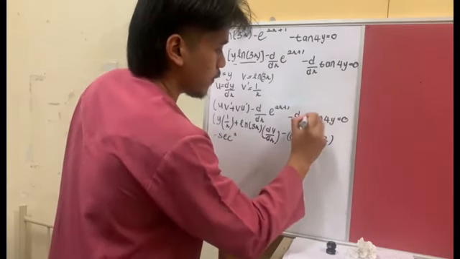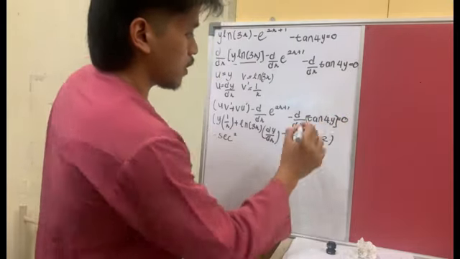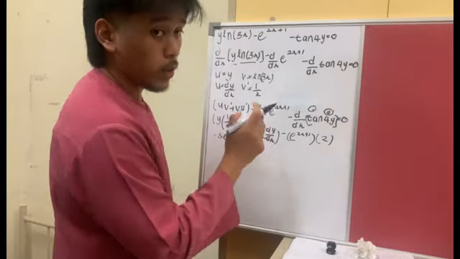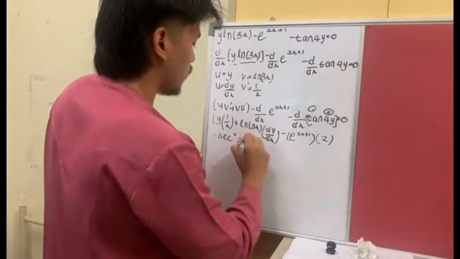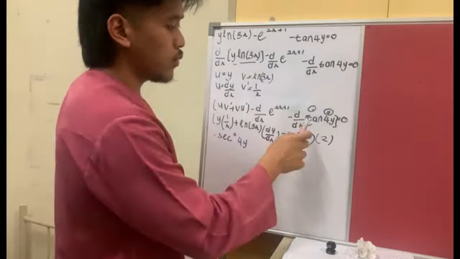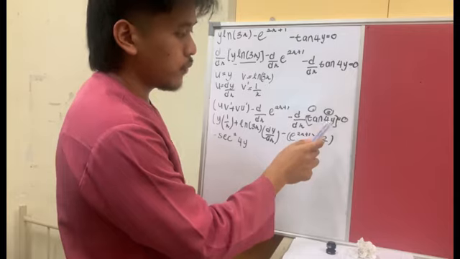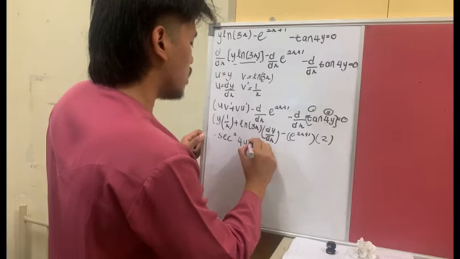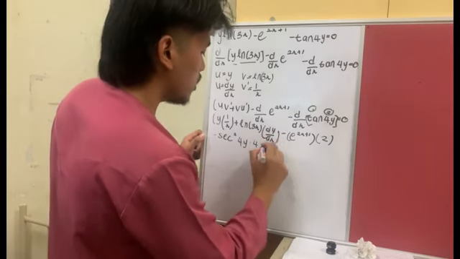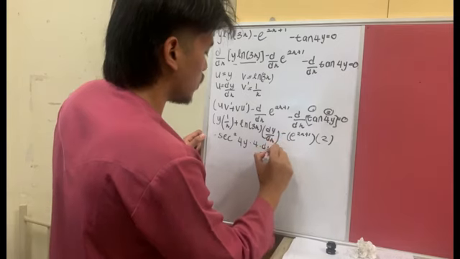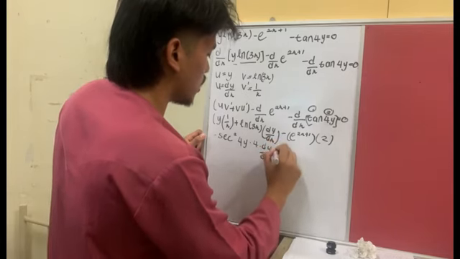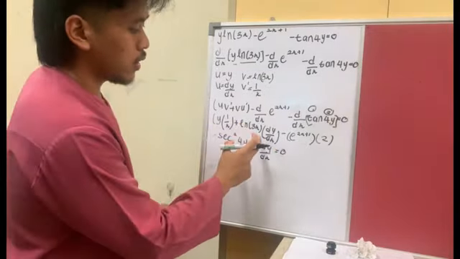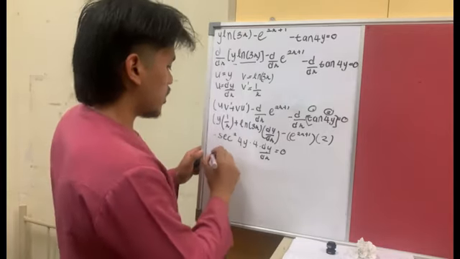You know what? Sorry. So this is 2, sec to the power of 2 of 4y. After we're done differentiating tan, we're going to differentiate 4y. So for 4y, we get 4, and for y, we're going to get dy over dx equal to 0. We're going to rearrange all of them to get dy/dx.